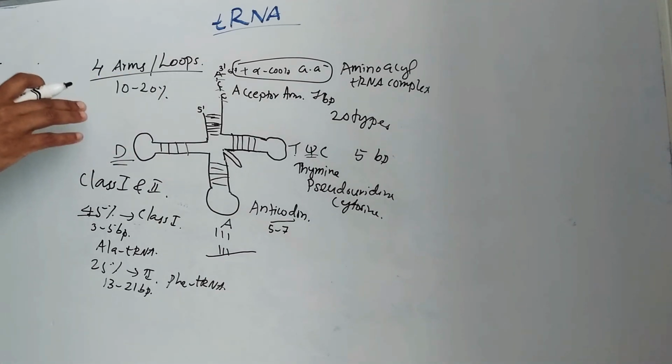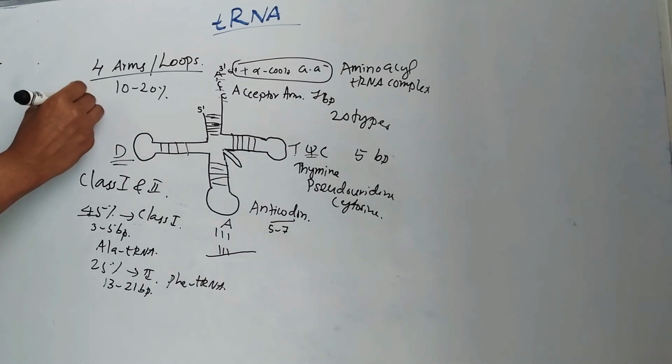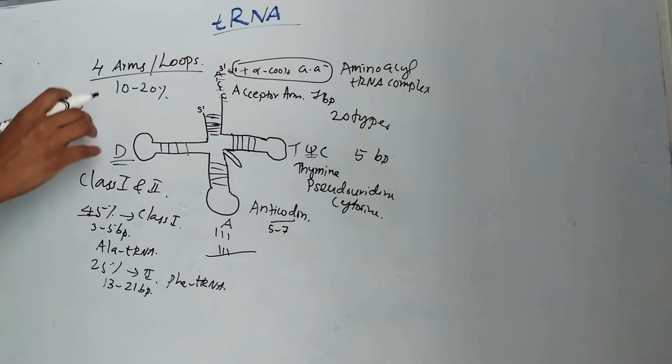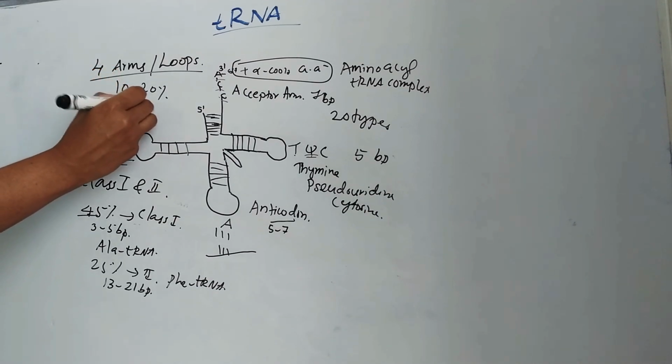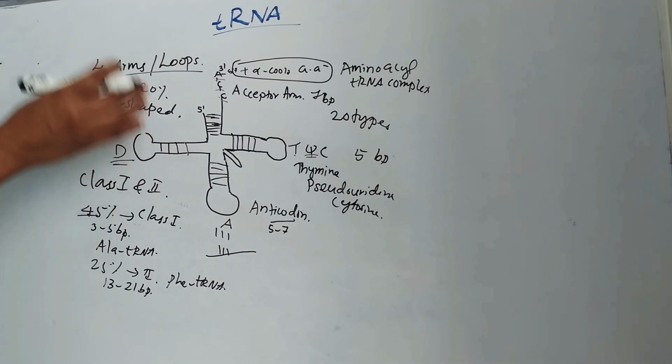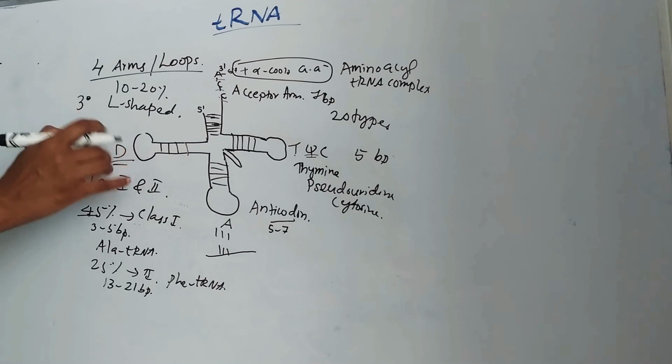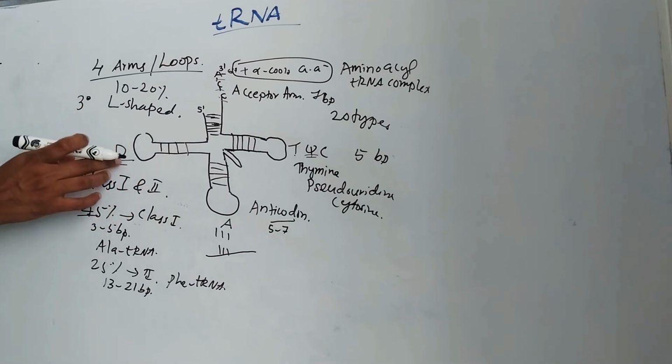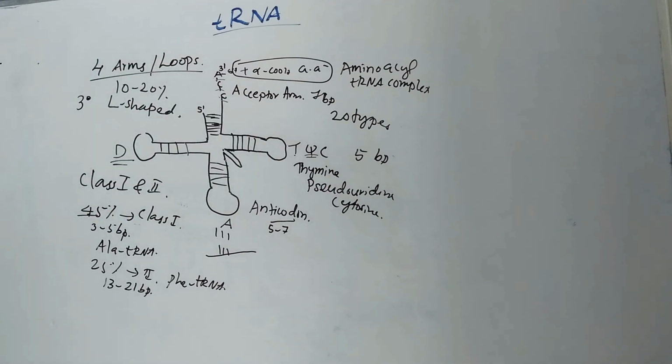This is the secondary structure known as the clover leaf model. The tertiary structure of tRNA is L-shaped. This L-shaped tertiary structure is formed by further folding of the clover leaf due to hydrogen bonds between the D and T arms.